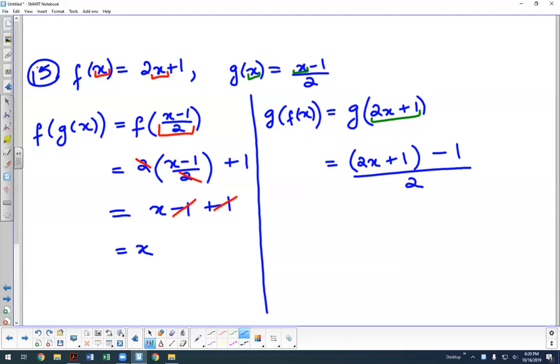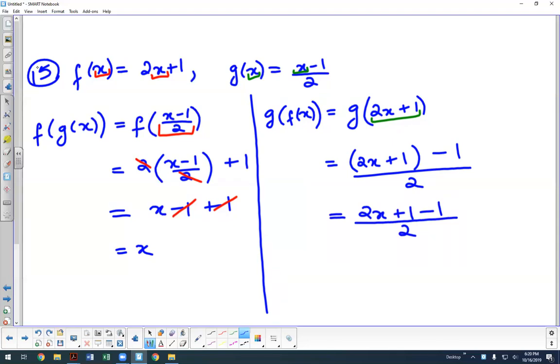Since I don't really have anything in front of the parentheses here, I can just write it without the parentheses, which will give me 2x plus 1 minus 1 at the end, and then everything divided by 2.